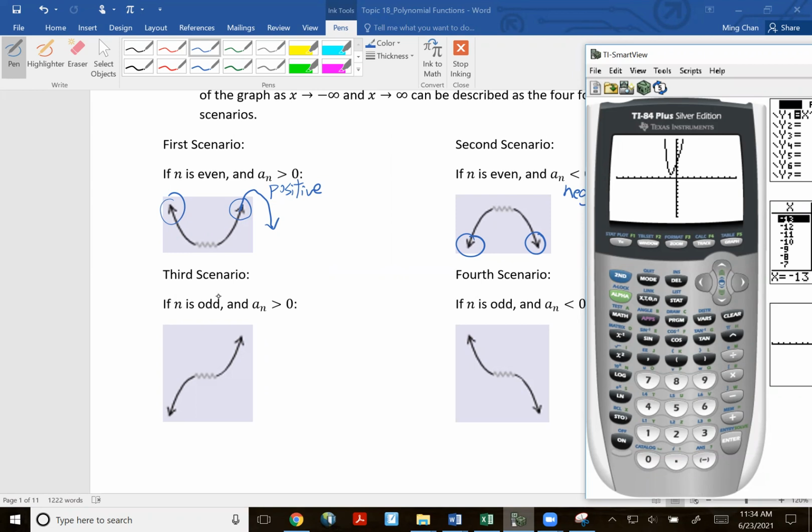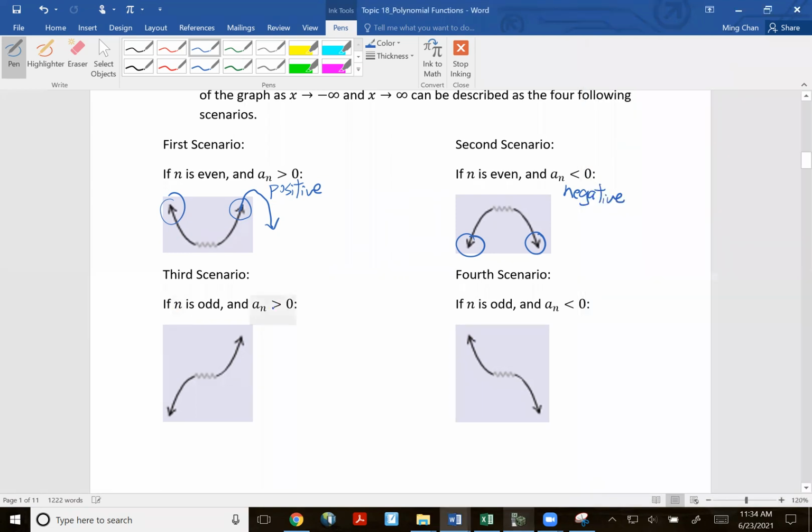If the degree is odd, but the coefficient is positive, that means the right side will always go up, and the left side will always go down. Once it goes up, up, up, you keep getting bigger and bigger y values. Once it keeps on going down, you will actually get more negative.